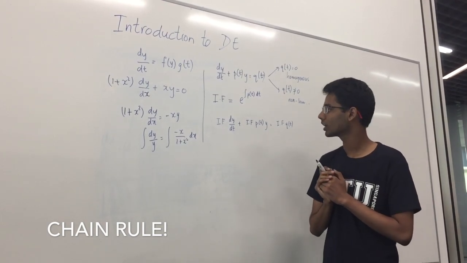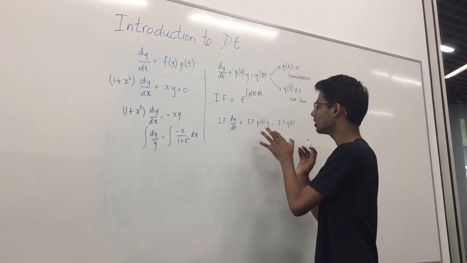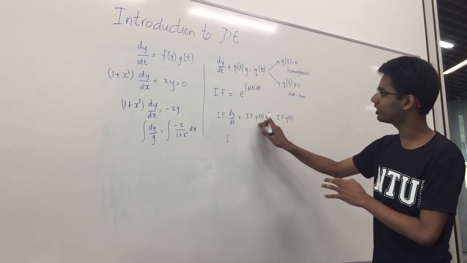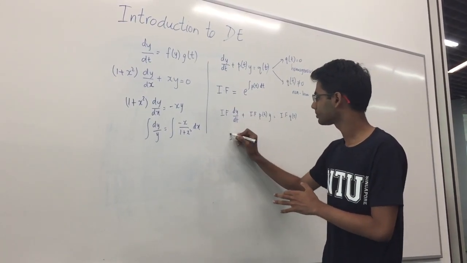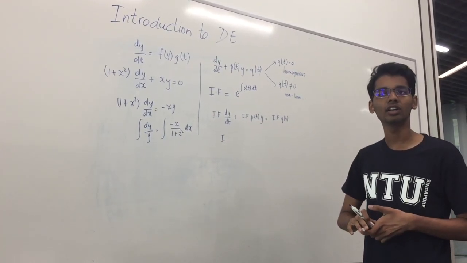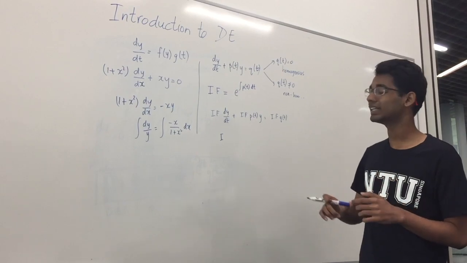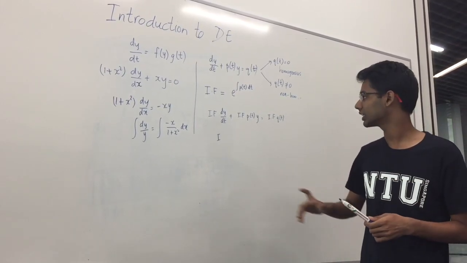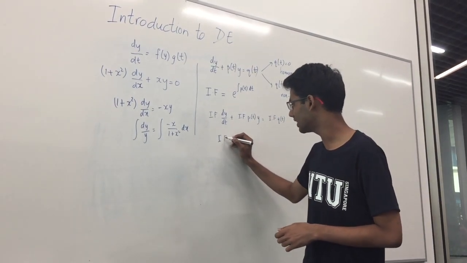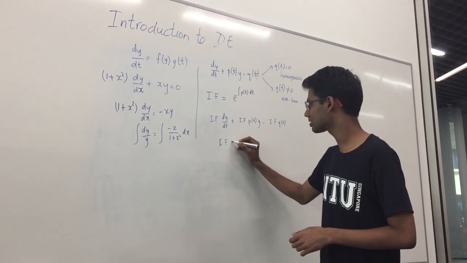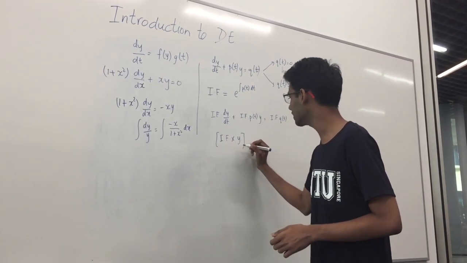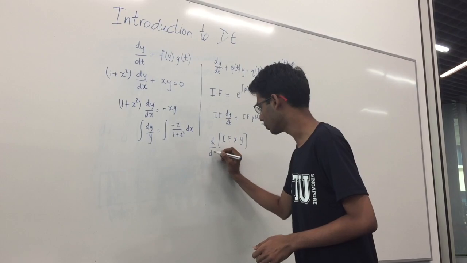So the integrating factor times p of t would become just one term now, and it's just going to be the differentiation of the integrating factor. So this can actually be written as the integrating factor times y, and the differentiation of this with respect to t.